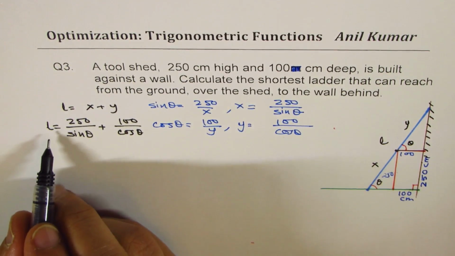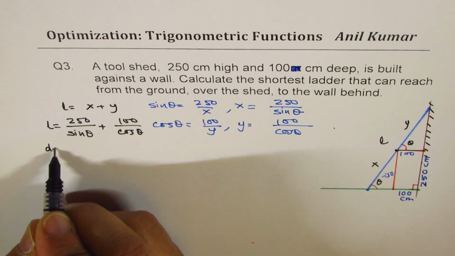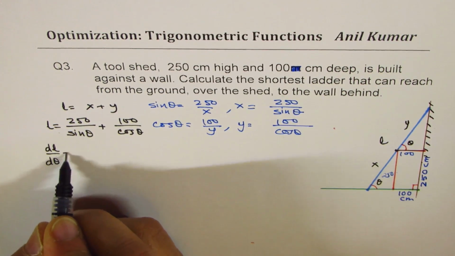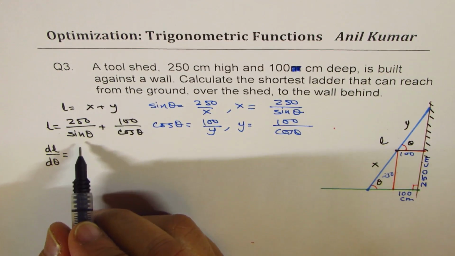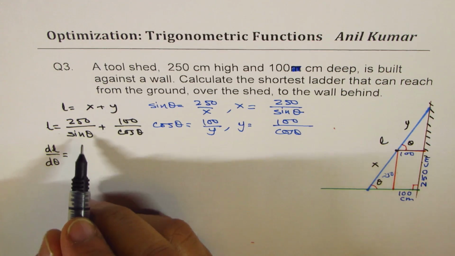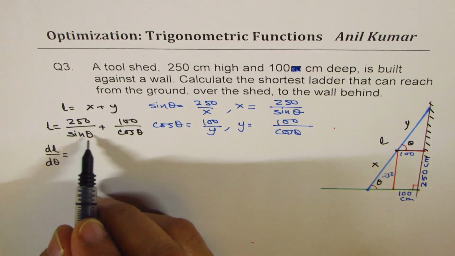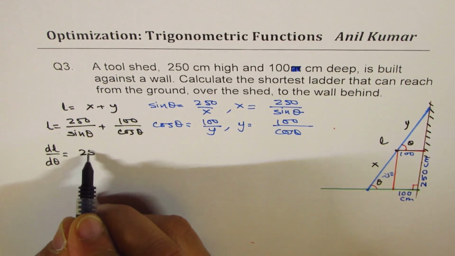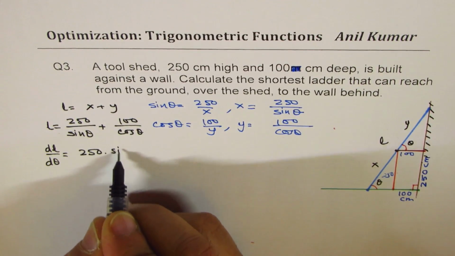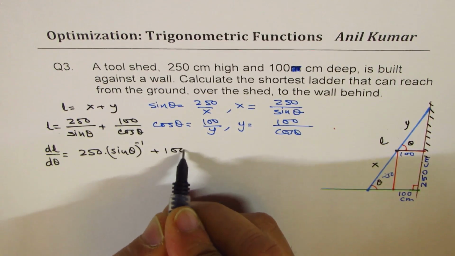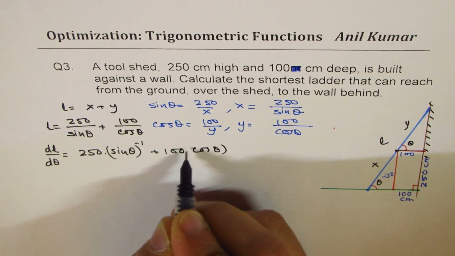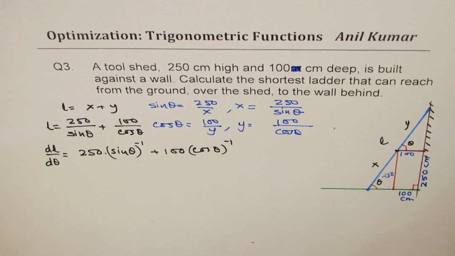And the derivative with respect to theta will give us dL/dtheta equals, what is the derivative of this? Now I'll use the standard technique which some of my students use. They write 1 over sine theta as sine theta to the power minus 1. So I'm going to use that exercise now. It helps to do questions in different ways so that all are familiar with what you're solving.